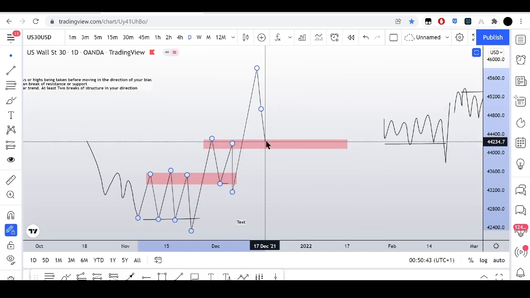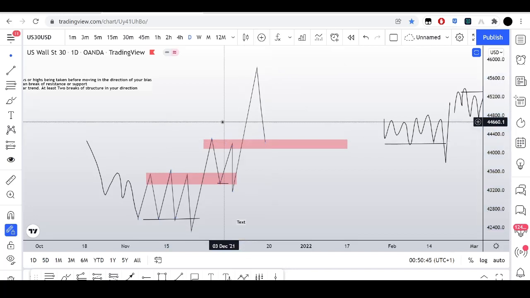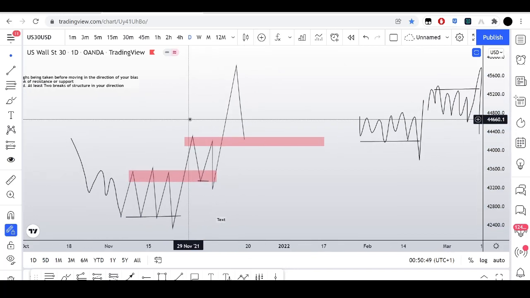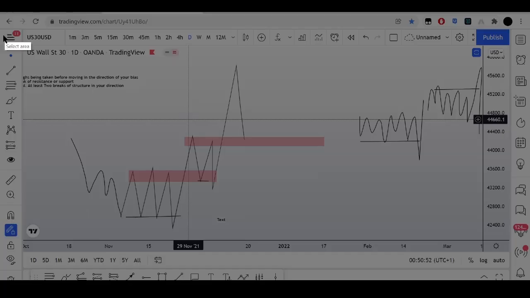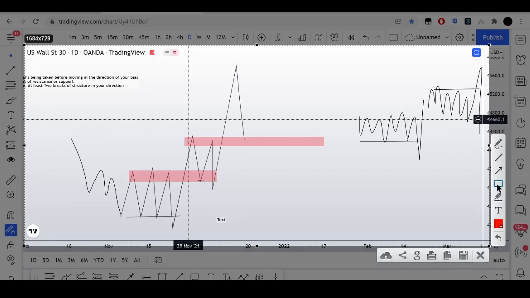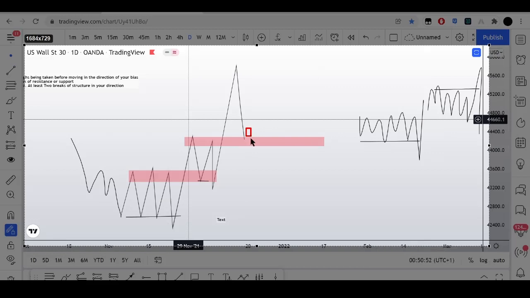And I'm gonna give you guys 2 things that you could look for to get into that trade, okay? So let's go ahead and do that. Now the first thing that you want to see is an engulfing or a 3 variation pattern, okay? So what you would look for is a move down right into that area.